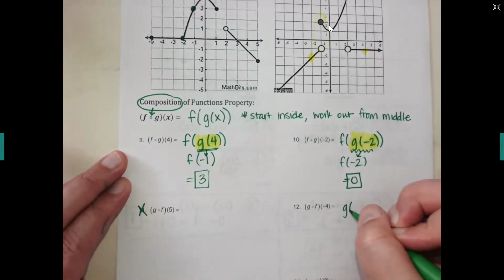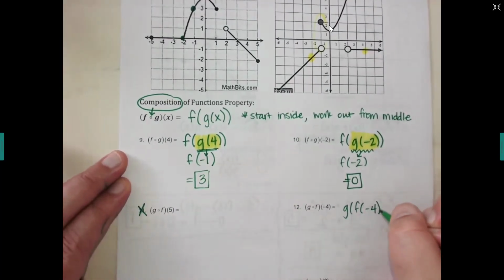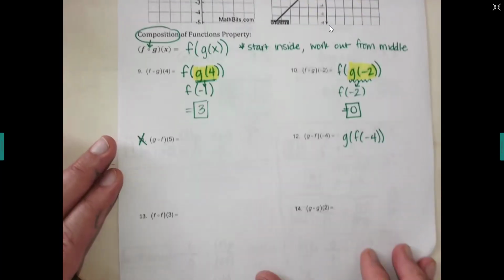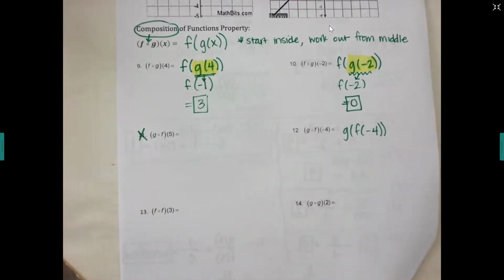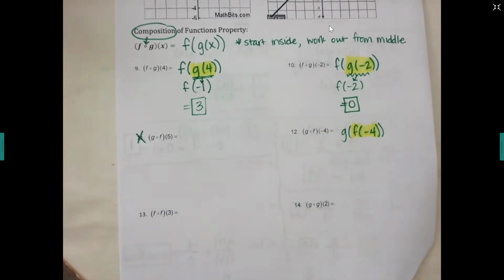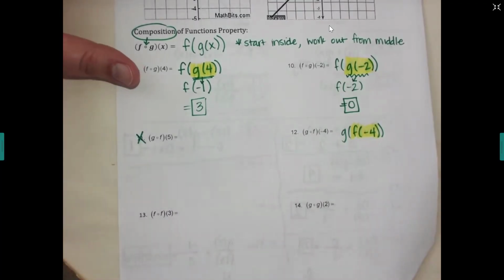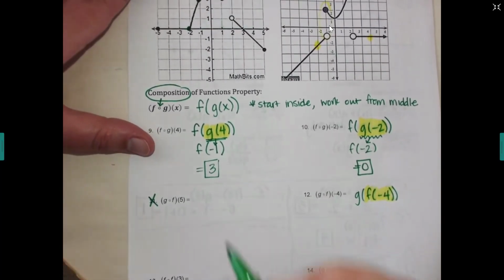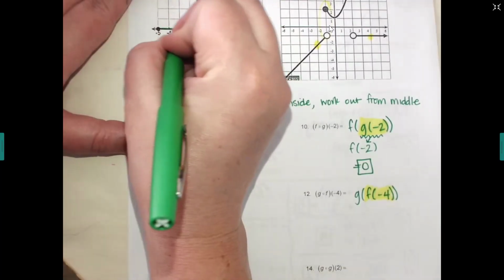Then I'm going to do g of f of -4. Okay, but remember, you always start in the middle. So the middle in this case means f. Then if I want f of -4, I'm going to count to the left 4 and see how high or low the graph is. For this graph, in case you can't tell, it does overlap on the x-axis.